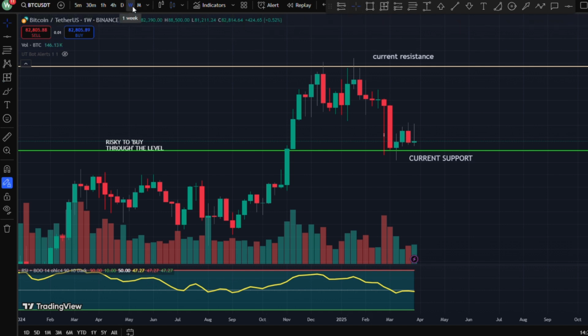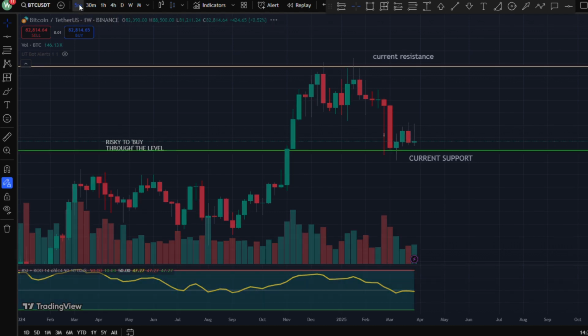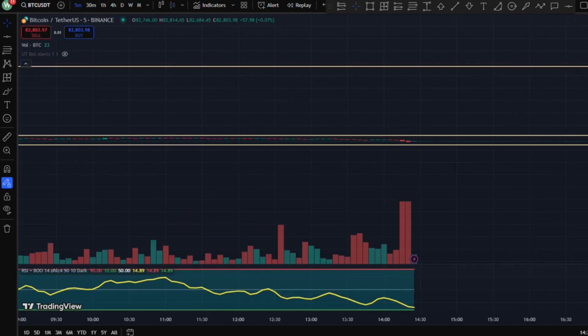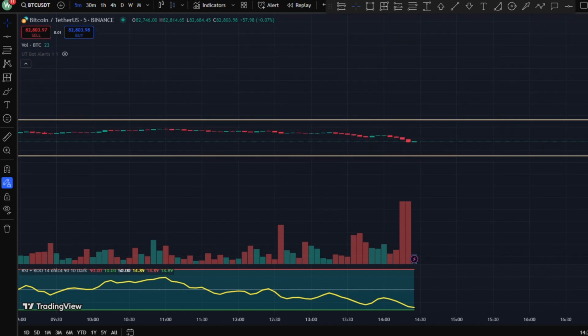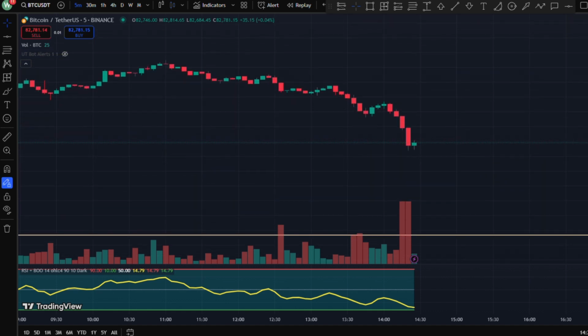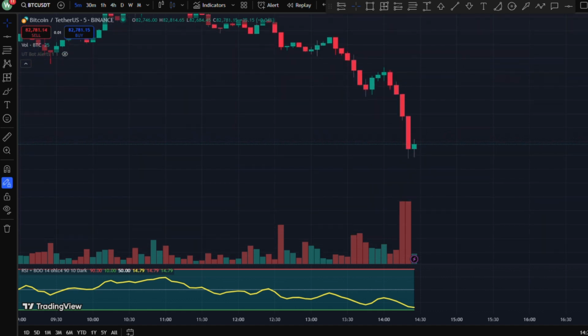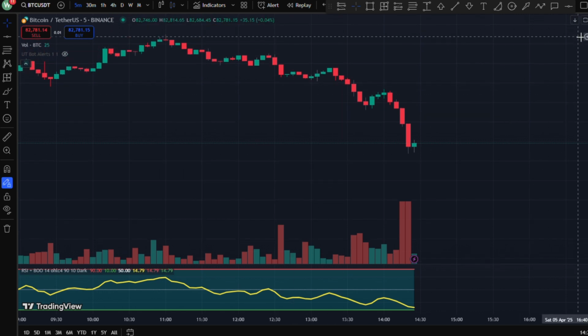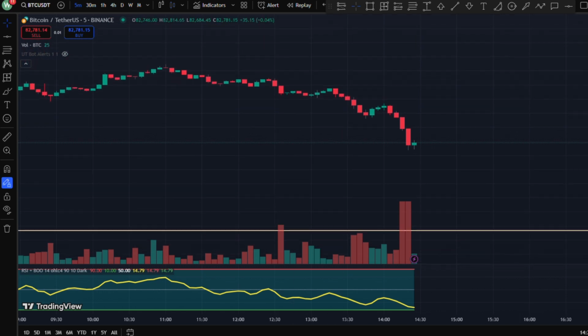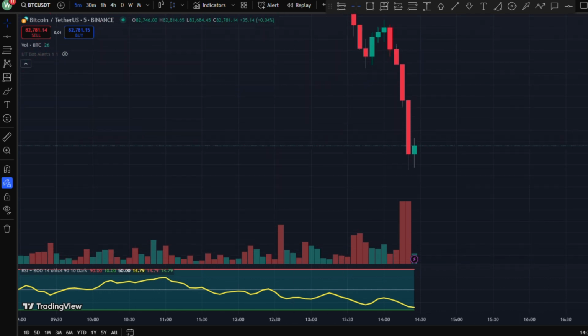Let me briefly go to the 5 minutes time frame. This is how the market looks.